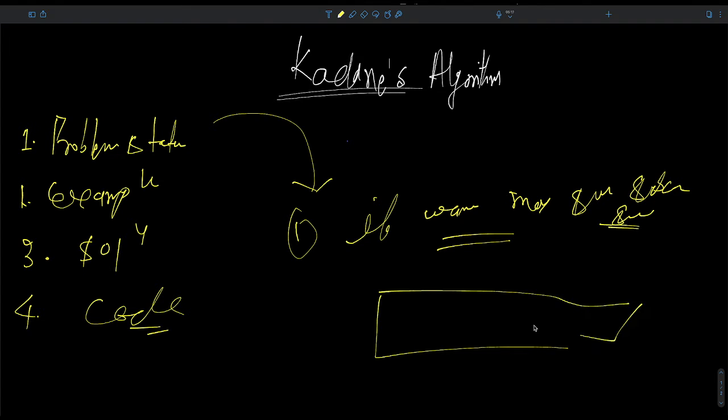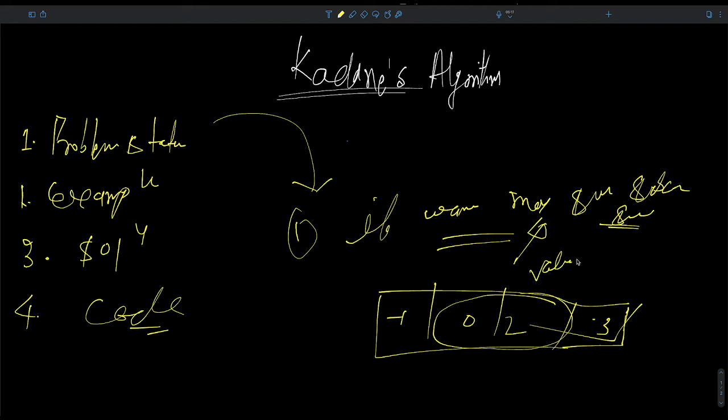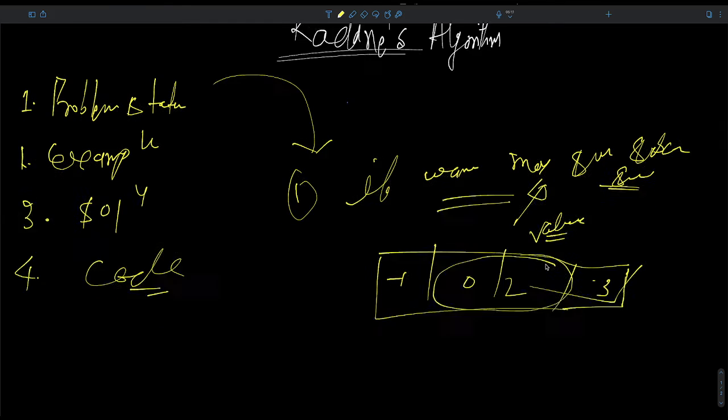Let's suppose this is the array which has elements minus 1, 0, 2, minus 3. We want to find the subarray whose sum is maximum. So the maximum sum subarray can be this one. We just want the maximum sum value, not the subarray.